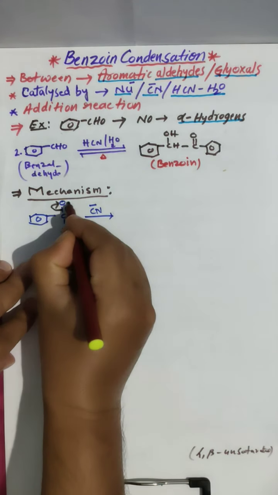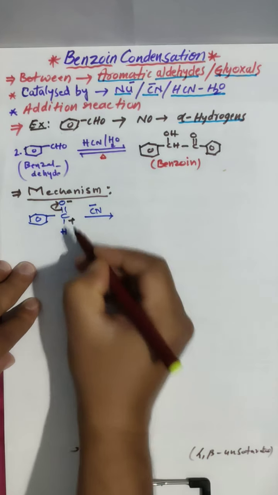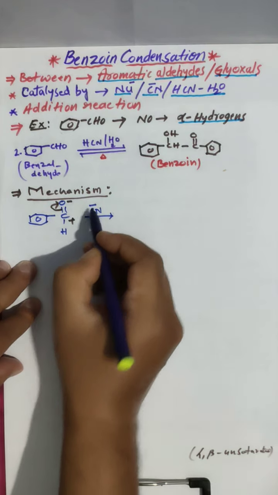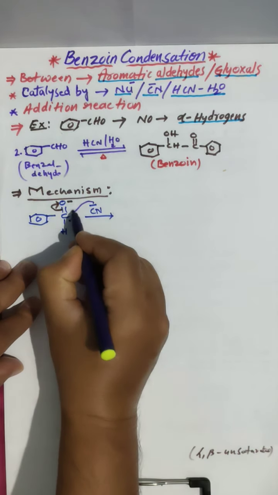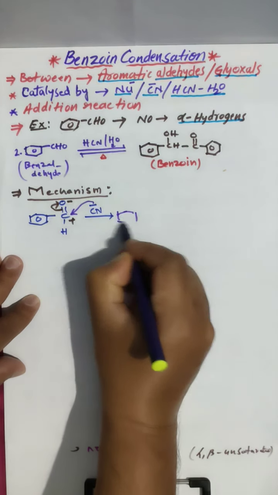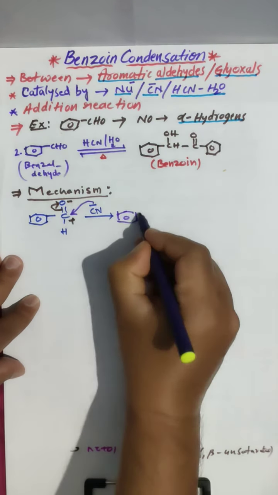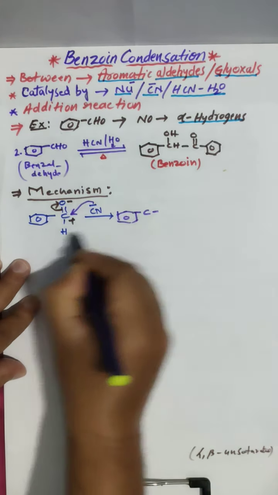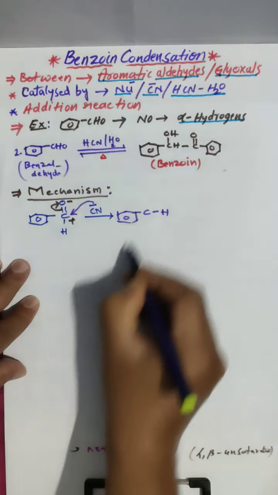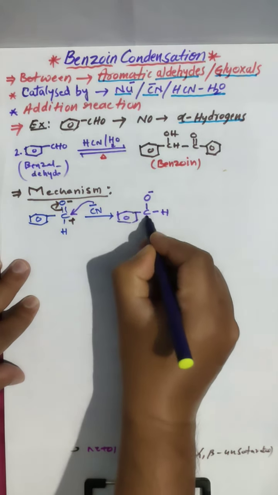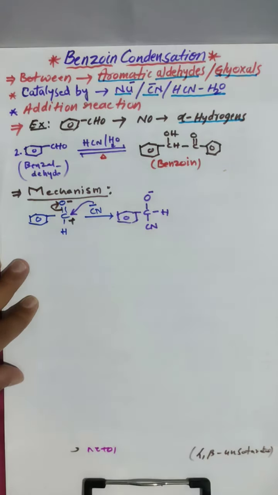Oxygen is more electronegative, so it is minus, and this is the carbocation. Immediately the nucleophile attacks at the carbocation position. Then you get the phenyl ring, carbon, hydrogen, O minus, and cyanide. This is the intermediate we are getting.